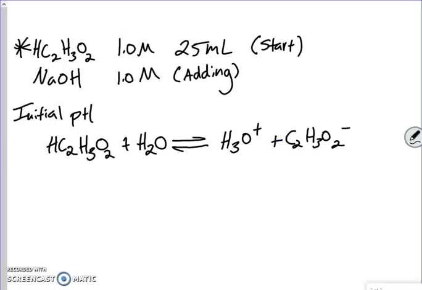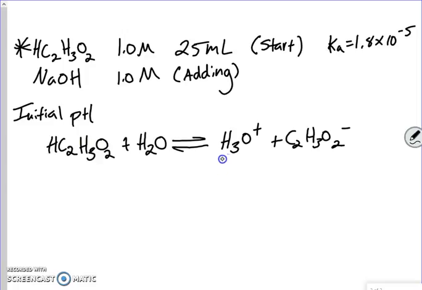Like we talked about in class, this is nothing new. This is a weak acid problem that we've been doing all the way along. We would be told Ka is 1.8 times 10 to the negative fifth. To solve this problem, we solve it like we always do.